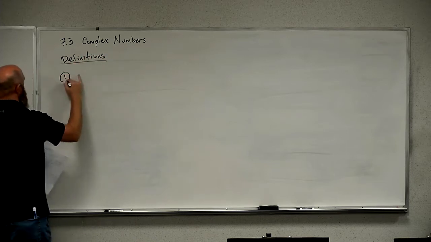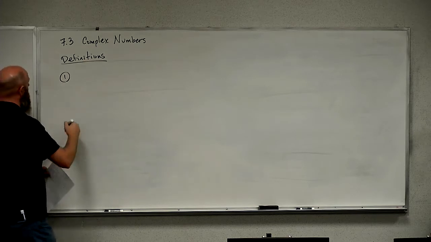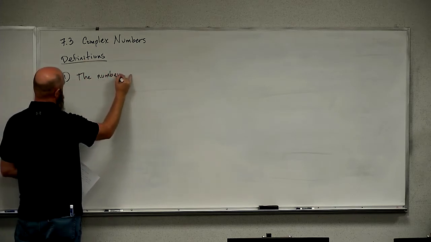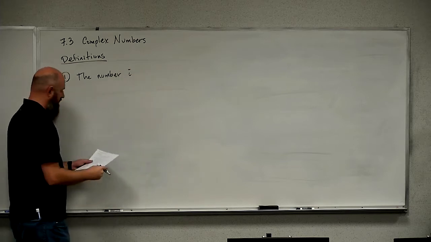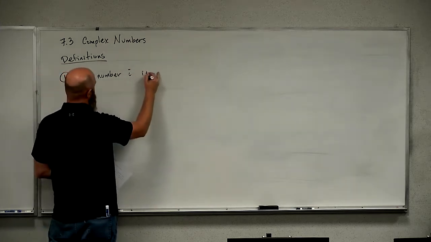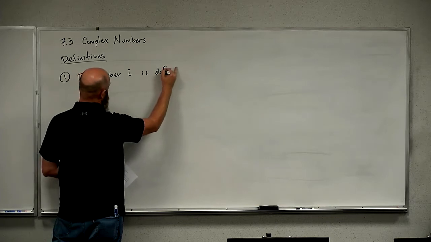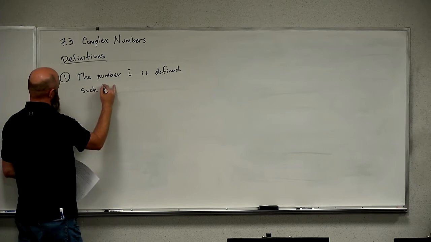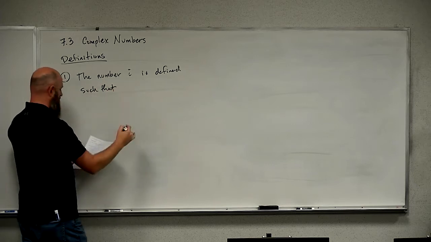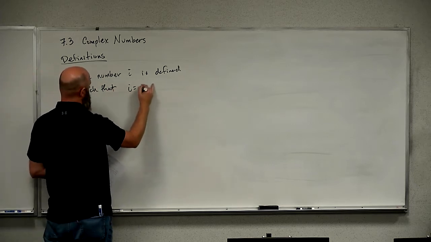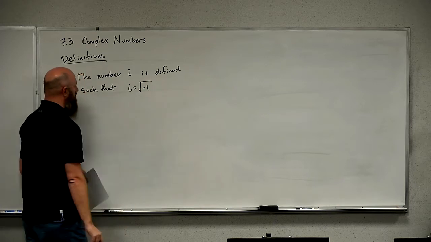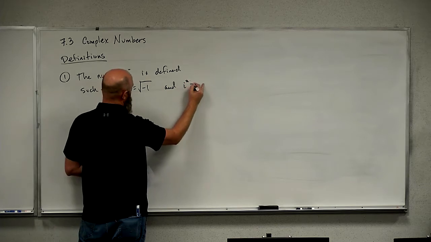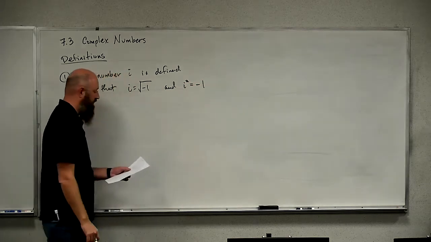So the first thing that we need to define is the number I. Okay, so the number I is defined such that I equals the square root of -1 and I squared equals -1.